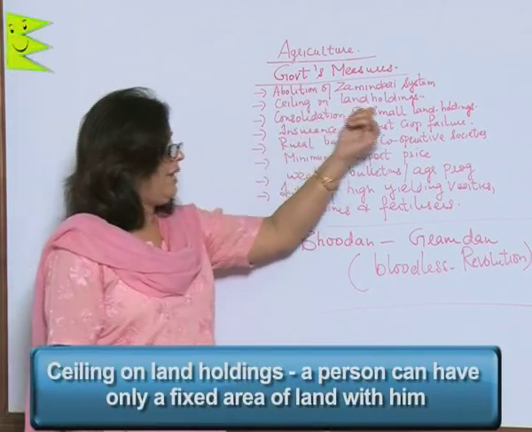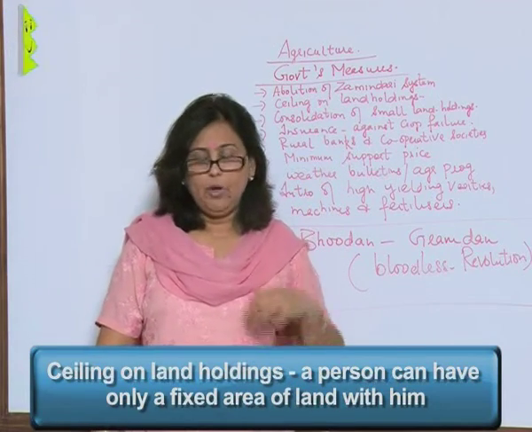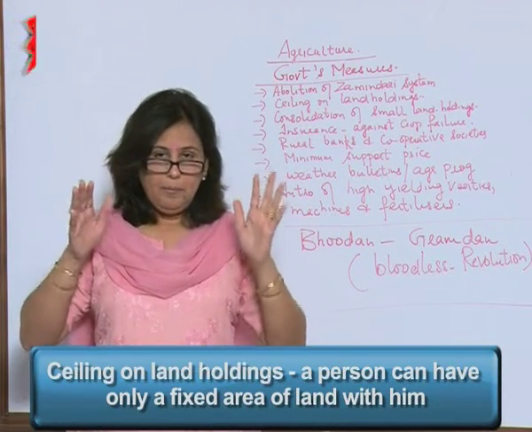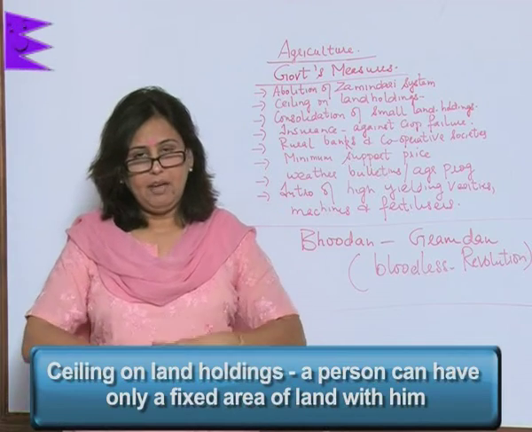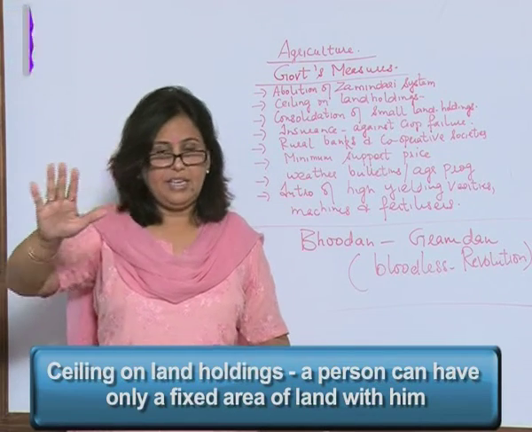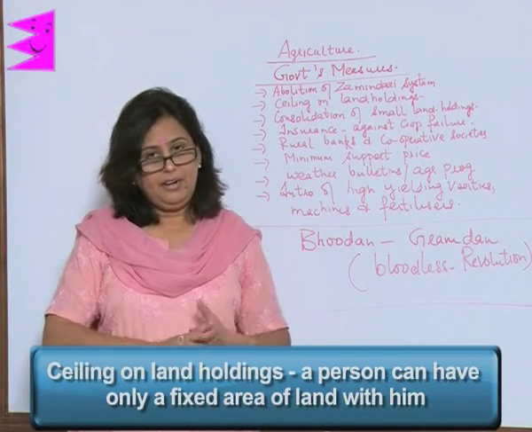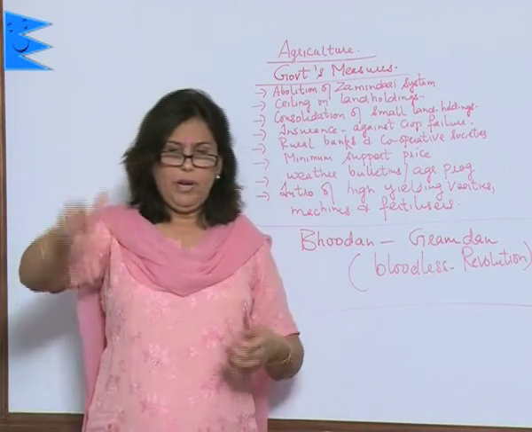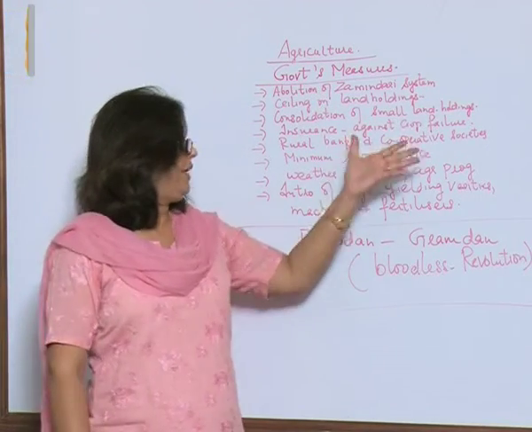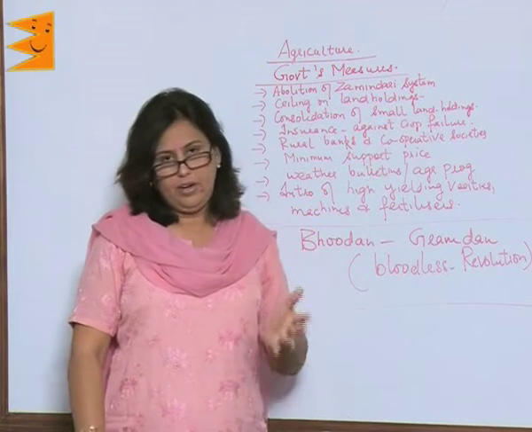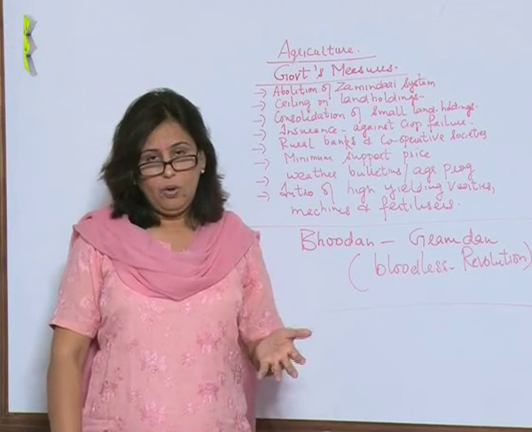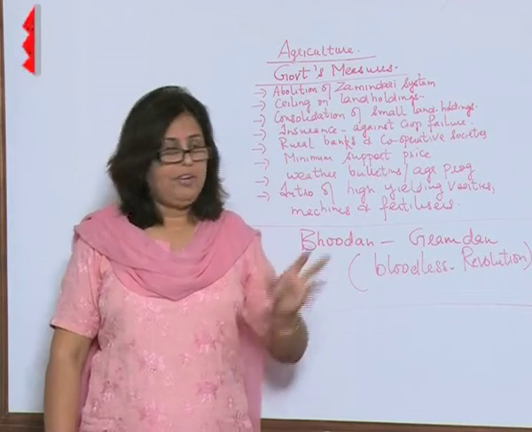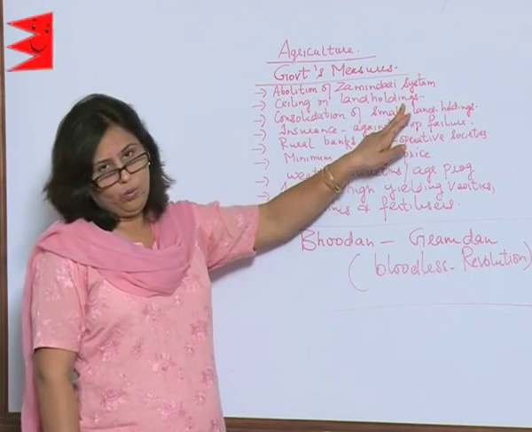Second is the ceiling on land holdings. Now, what is this? That is, a particular person can have only a fixed area of land under him. It cannot be that villages and villages are the property of a particular individual. Now, the government has put a ceiling on everybody's land holdings.